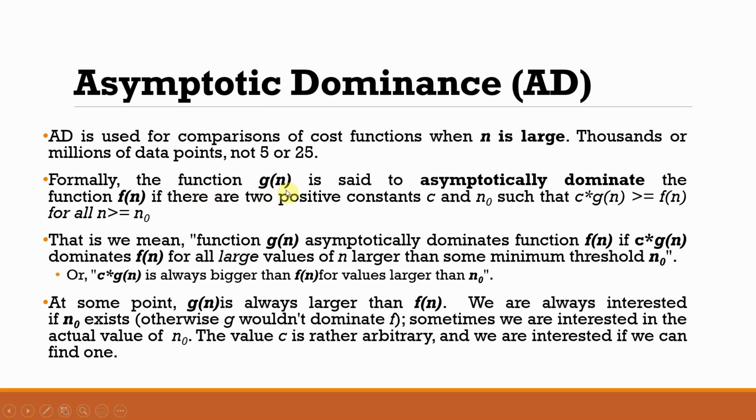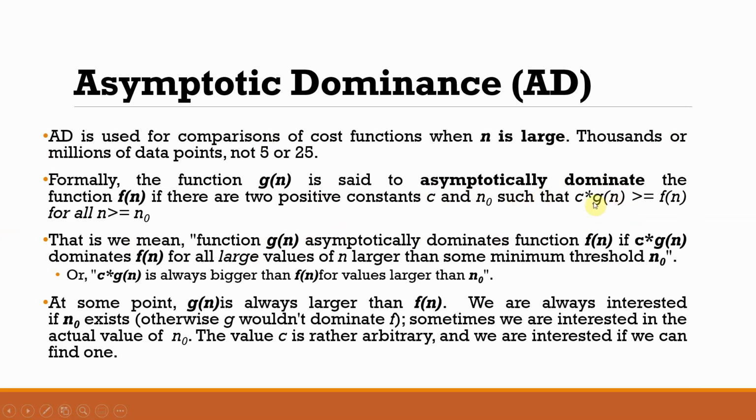Formally, the function g of n is said to be asymptotically dominating the function f of n if there are two positive constants c and n sub 0, such that c times g of n is bigger than or equal to f of n for all n's bigger than n sub 0. This is the mathematical definition of asymptotic dominance.